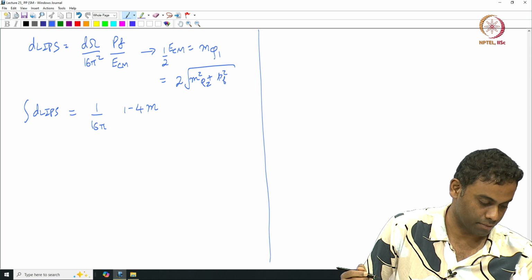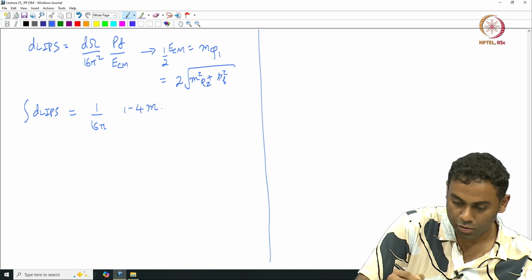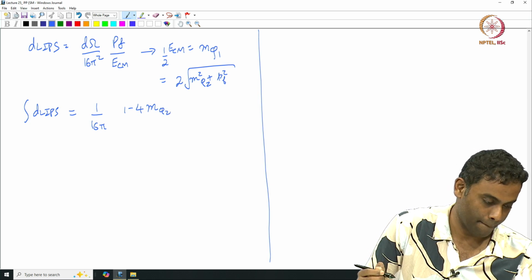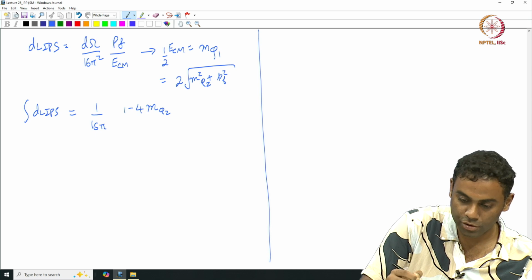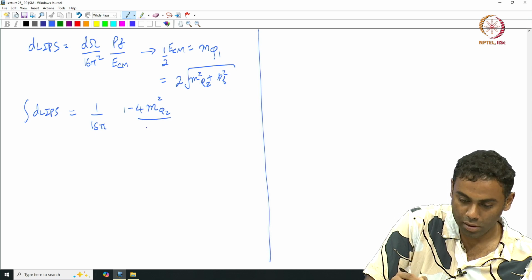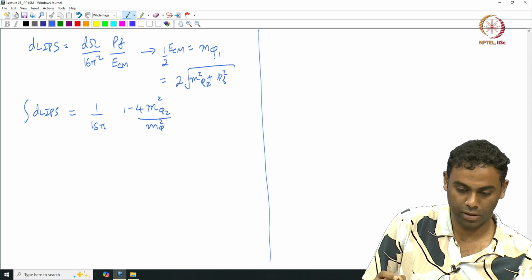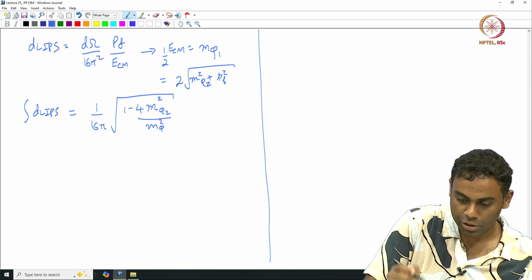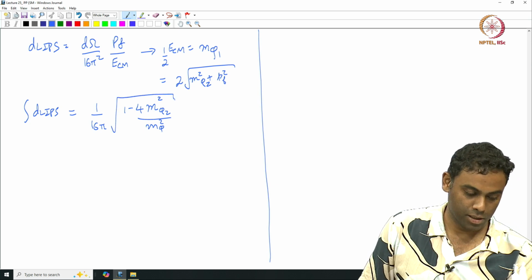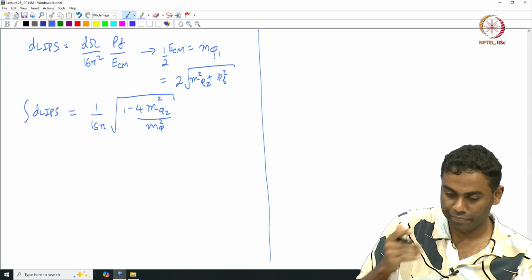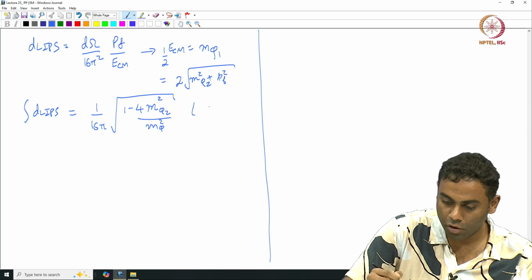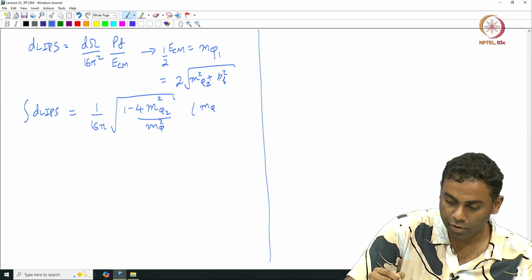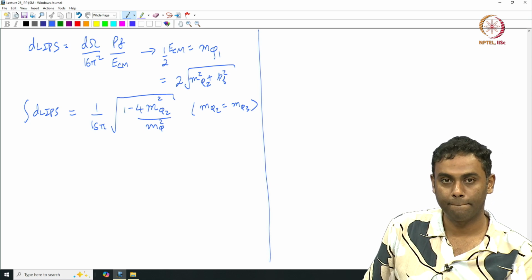I am just going to write out the final expression which looks like this, okay. So, m phi 2 squared over m phi 1 squared, but under a square root, but that is not all. This is for m phi 2 equals m phi 3, okay.